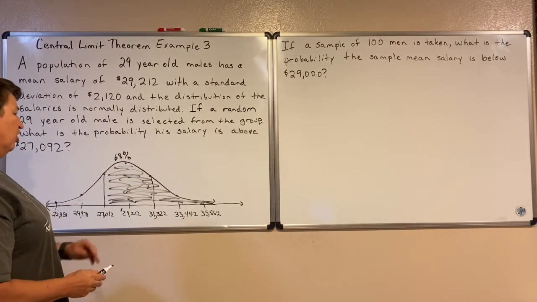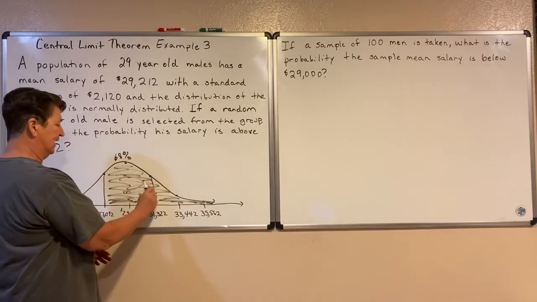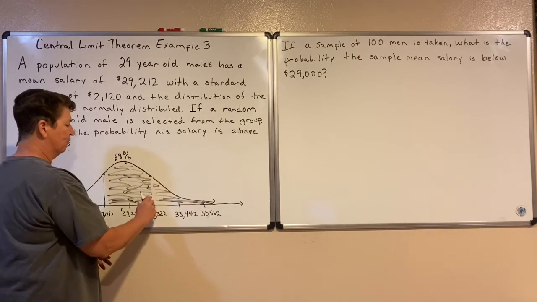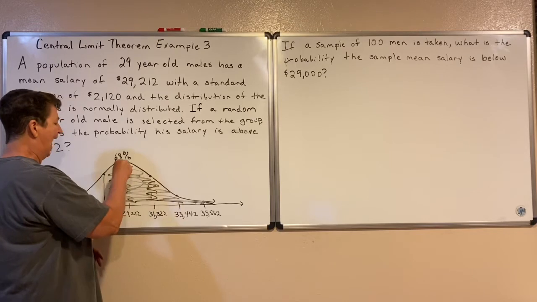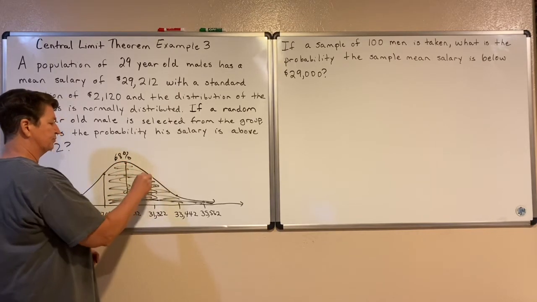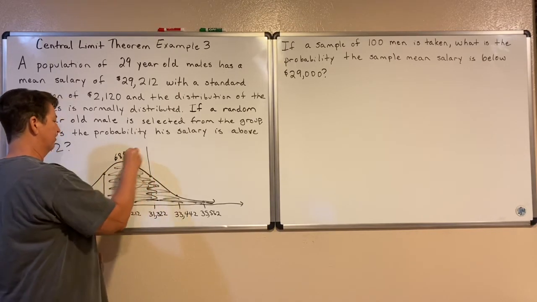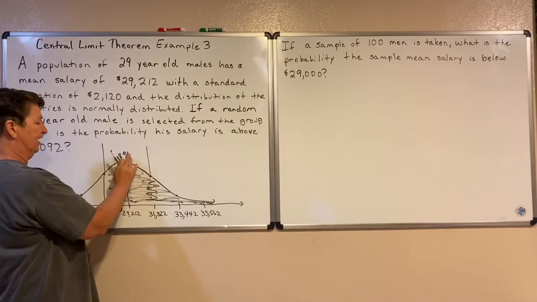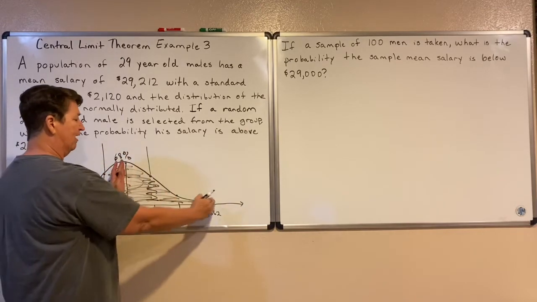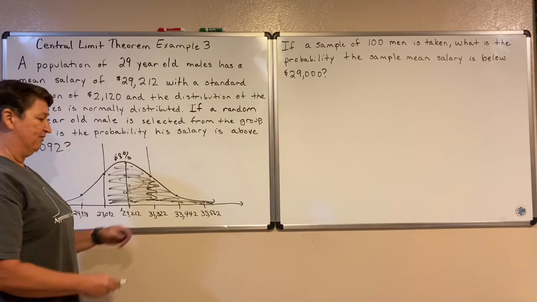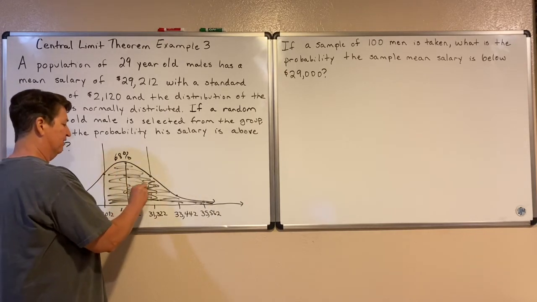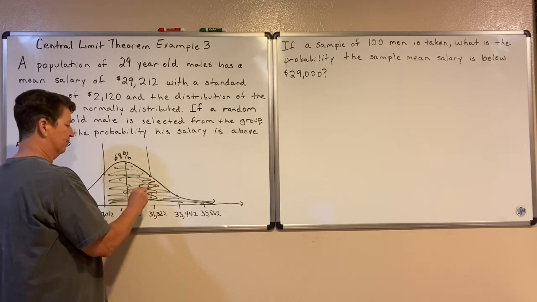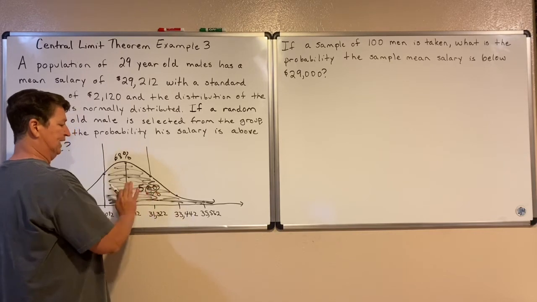We also know that from here to there is 68% of our data, and from the mean and above is 50% of our data. So half of our data falls above the mean.